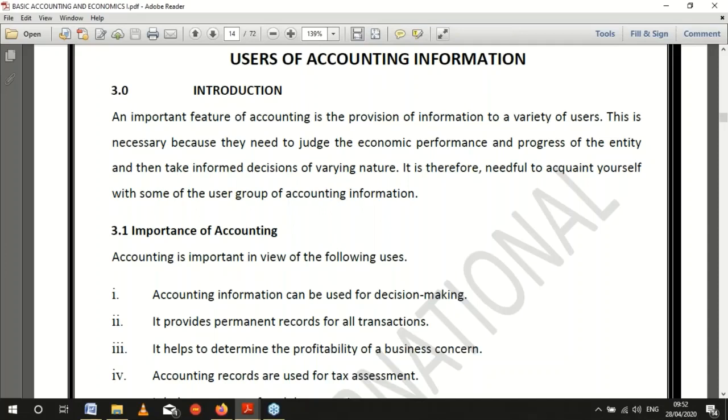Let's move forward. Then we are looking at measurement of performance. Accounting is also used for measurement of performance. We want to know how much the company is performing, whether we are performing well, or whether they need to diversify their products.